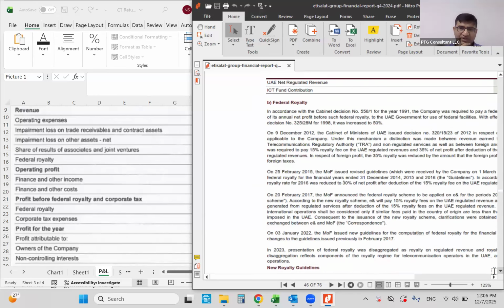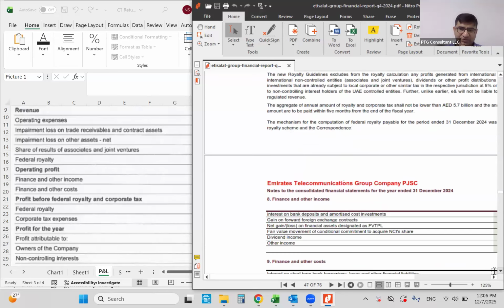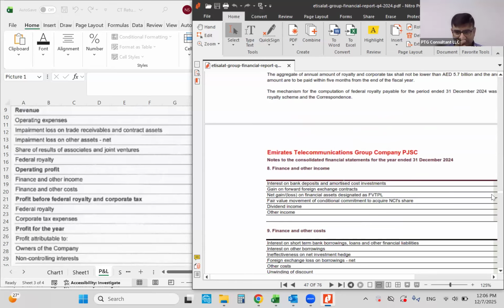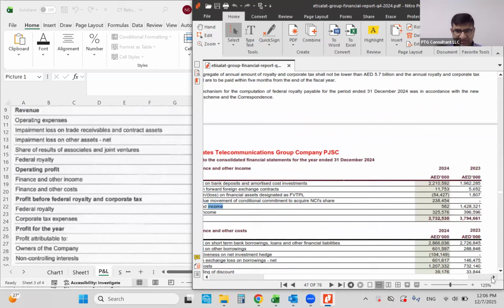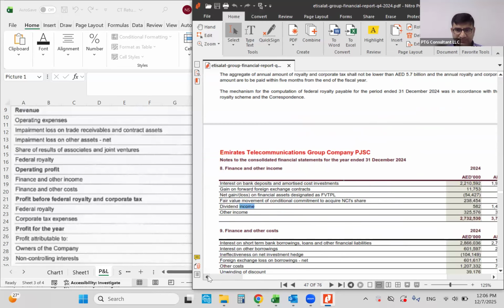Profit and loss normally comes on the first, third, fourth page. I have taken the screenshot. So it says finance and other income. Note. Okay, there is dividend income here. See how much. 582 million.